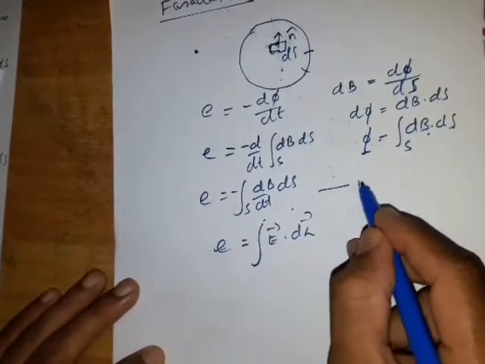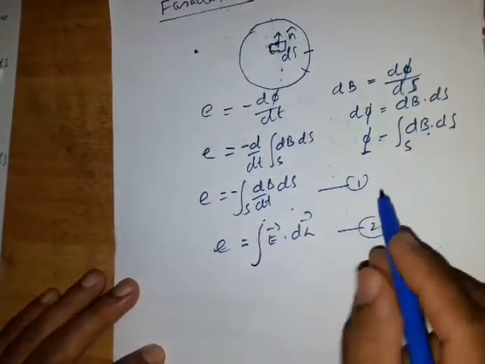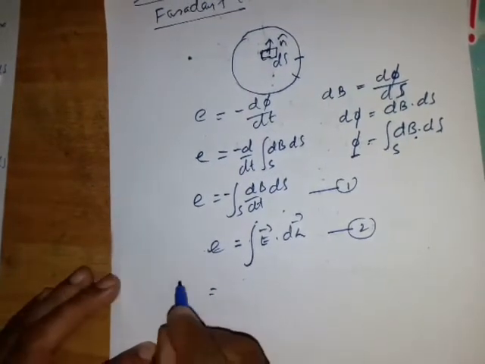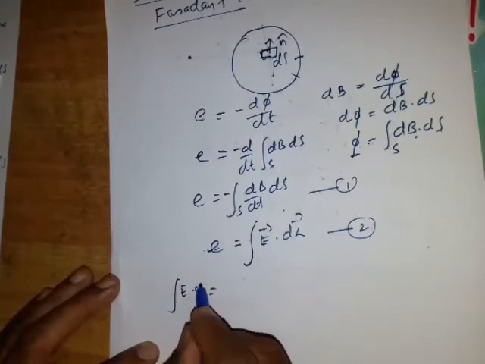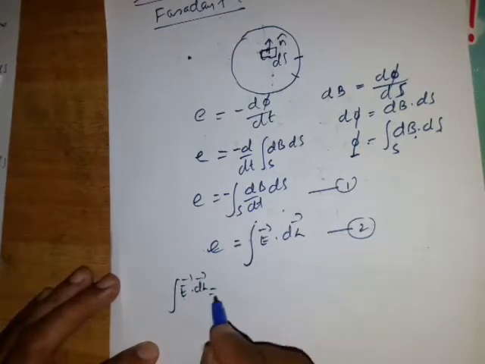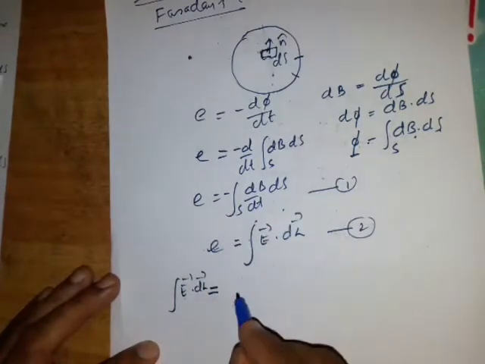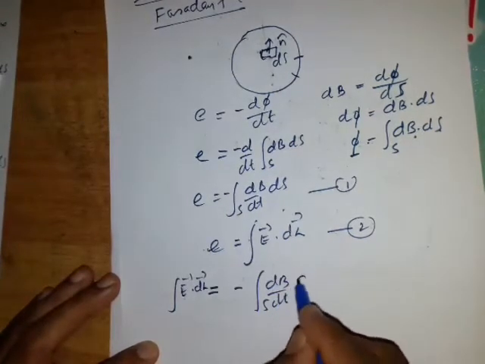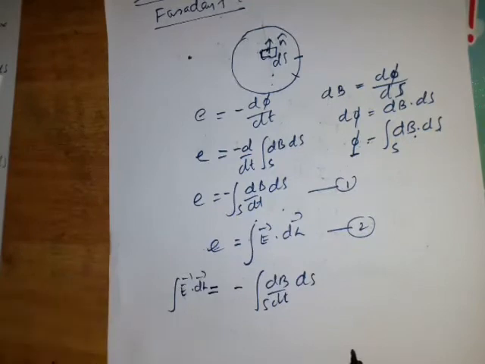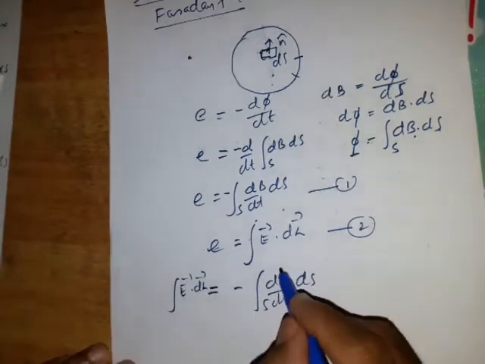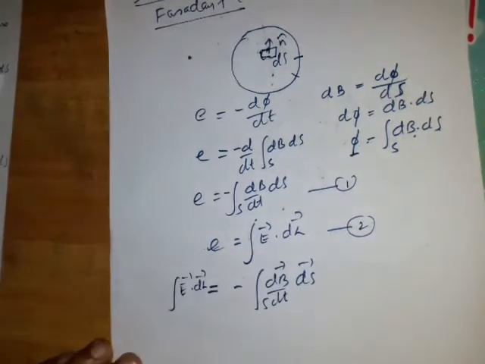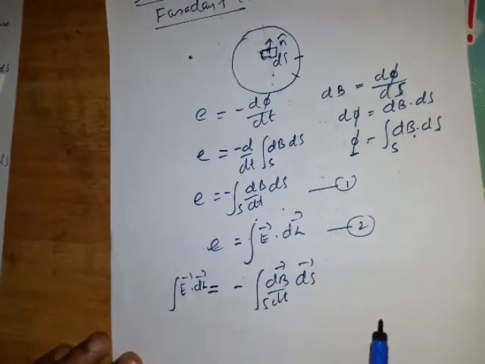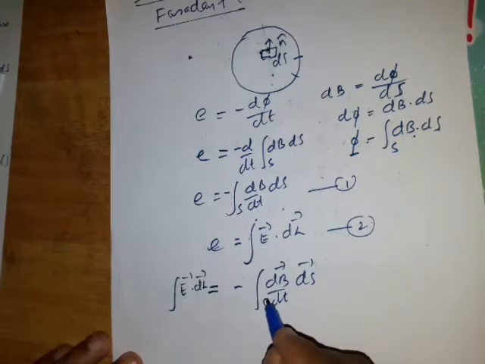Now these two equations we can equate. So we can equate the line integral of E dot dl is equal to minus the surface integral of dB by dt dot ds, in the integral form, in the vector form, over the surface S.